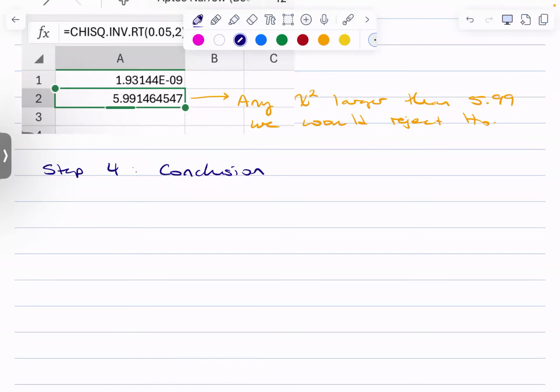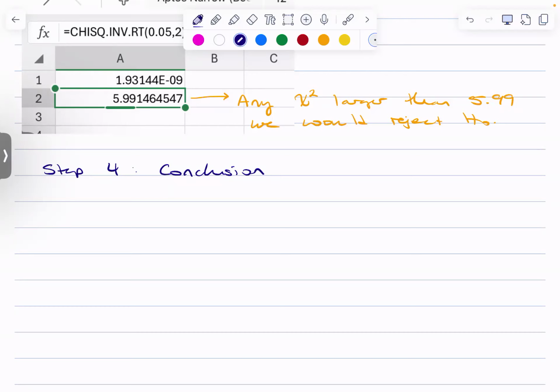Tell me, okay, then I have enough evidence to reject H naught, or you don't have enough evidence to reject H naught, but your conclusion has to be in terms of the null hypothesis. Why? Because we did all our testing assuming the null hypothesis was true until we found so much evidence against that, then we reject it. And so we had to assume that these two things were independent of each other until we said, okay, well, that's unlikely, given our p-value.